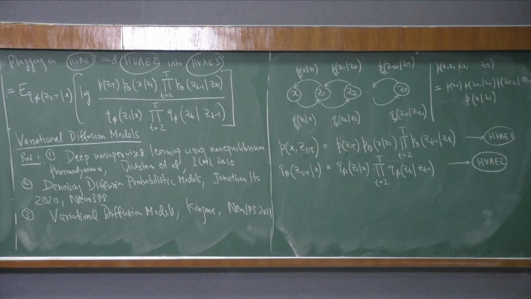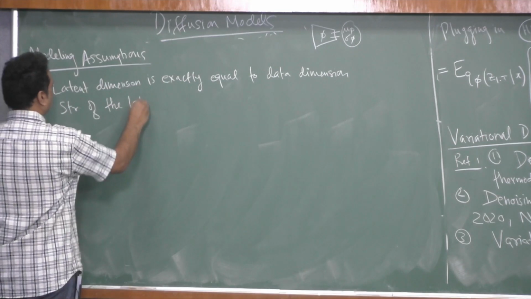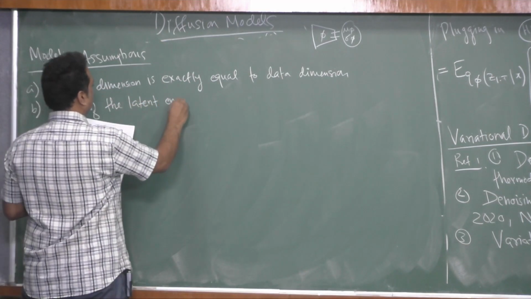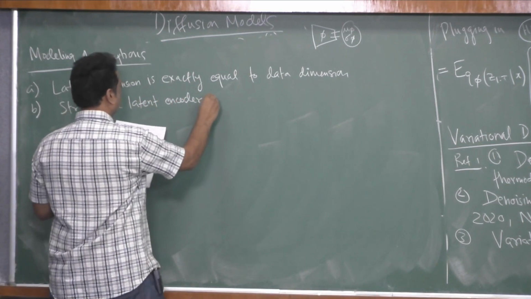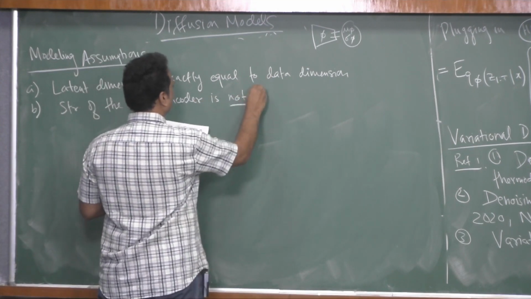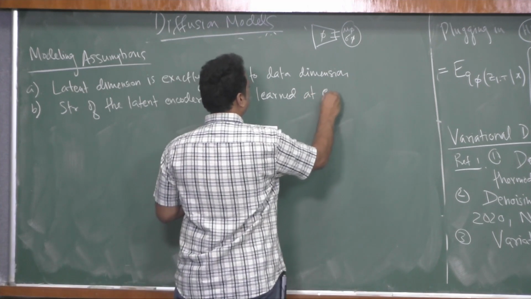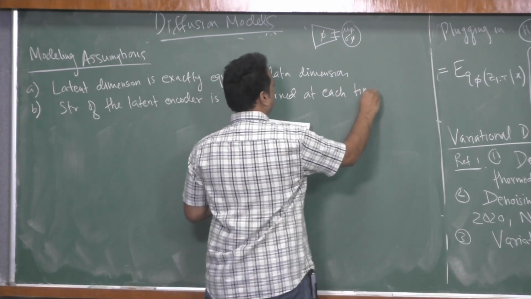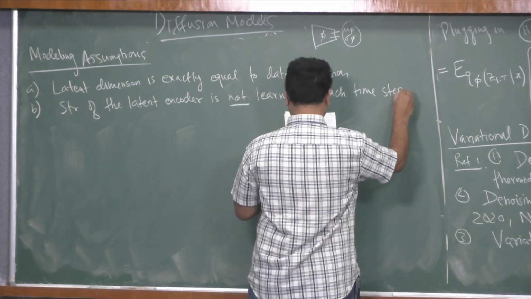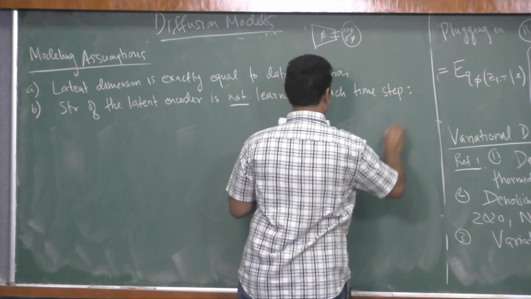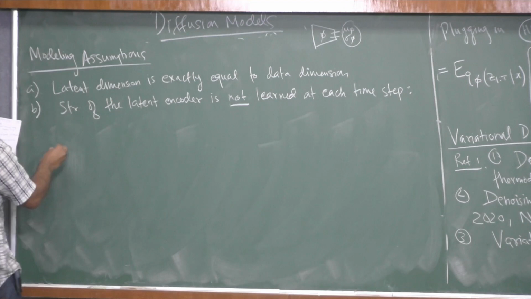Okay, so that's also a very interesting assumption. So the structure of the latent encoder is not learned at each time step. It is predefined as a linear Gaussian model.